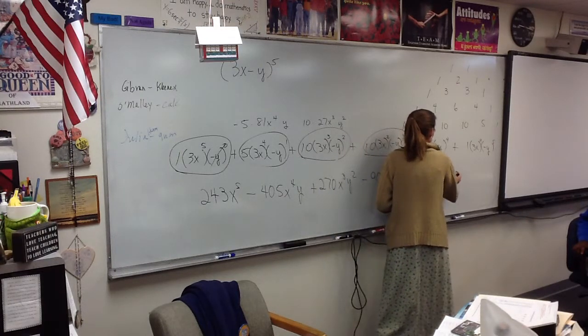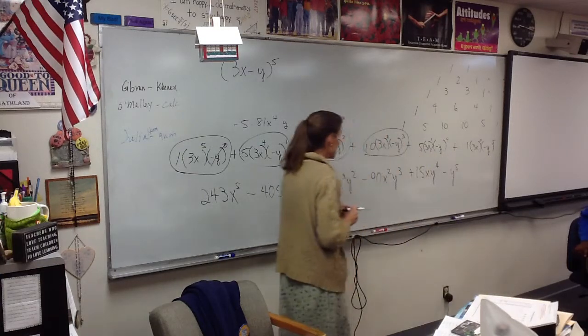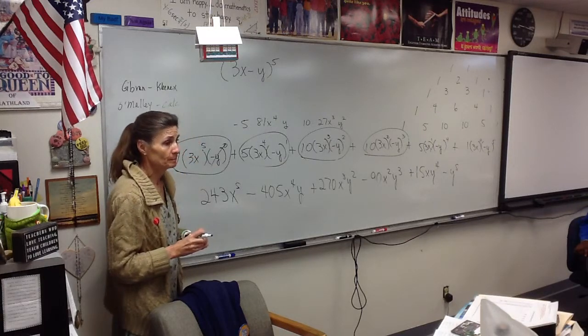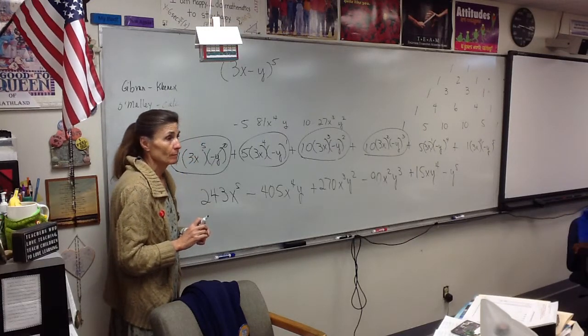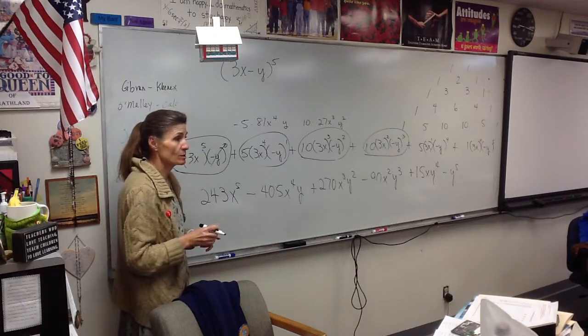Then 15xy to the 4th minus y to the 5th. Anybody have a question about a step to that problem? That takes a little more time than the other ones do.